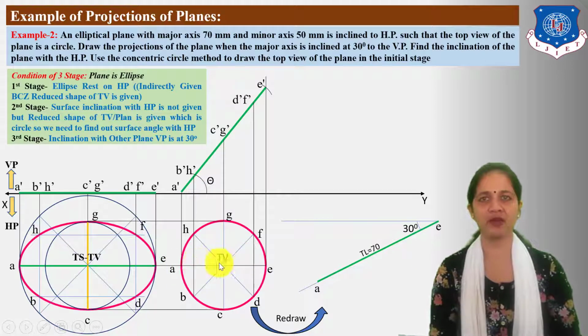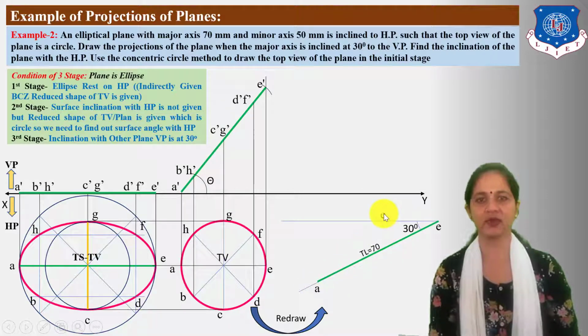Measure the apparent length of AE from this reduced shape and cut an arc on this horizontal locus from point A and locate the E point. Connect the A, E points, and extend the AE line from point E up to XY, which indicates the apparent angle beta with VP.